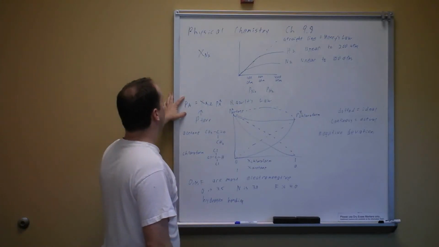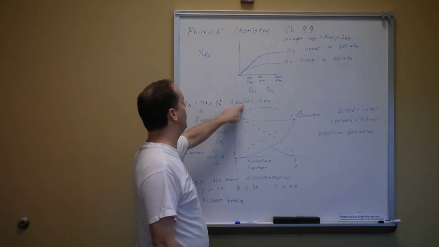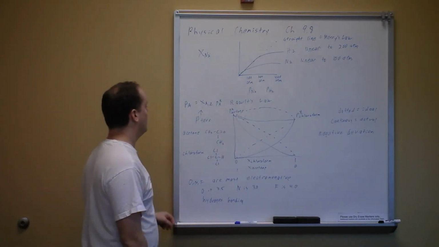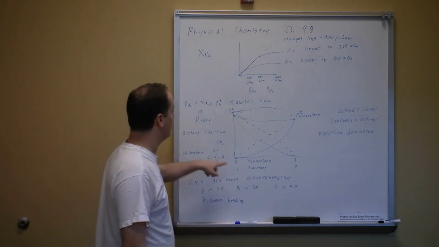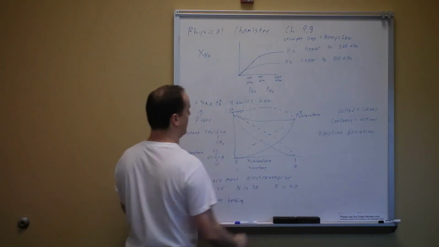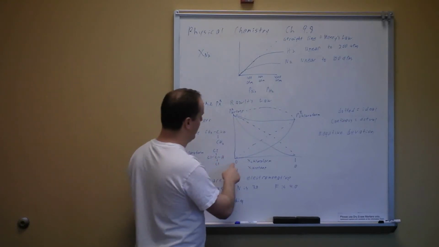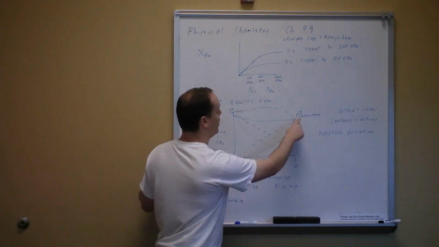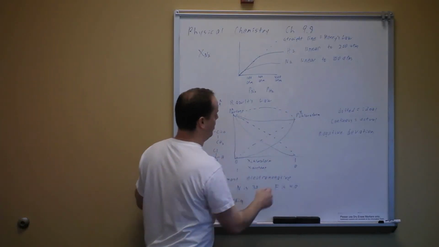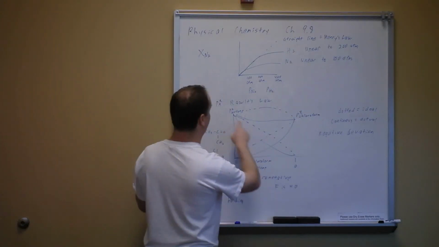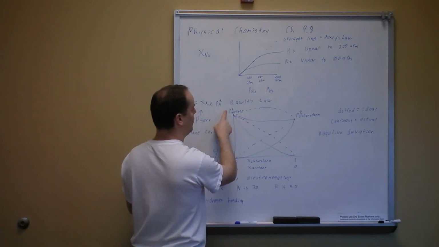Now, remember, PA is equal to XA liquid times PA star. That's Raoult's law. Now, let's look at acetone versus chloroform. Here we have pressure against the mole fraction of chloroform. Before, when we did ideal solutions, we had a straight line going from 0 to the pressure of chloroform unmixed, or a straight line going from 0 to the pressure of pure acetone unmixed.